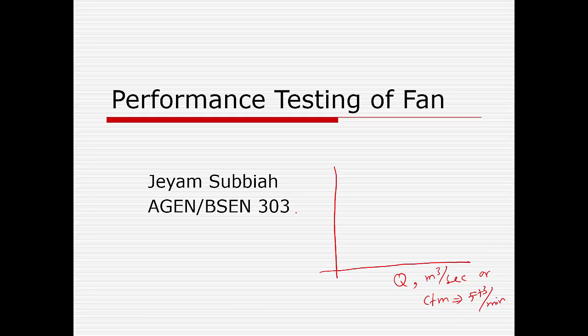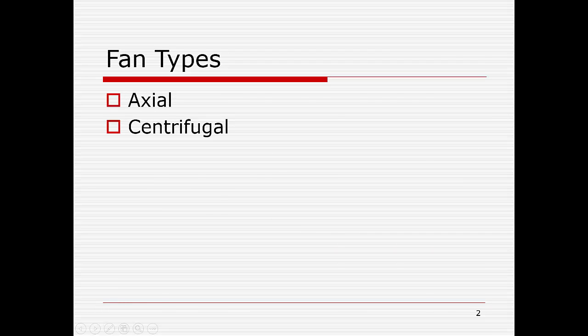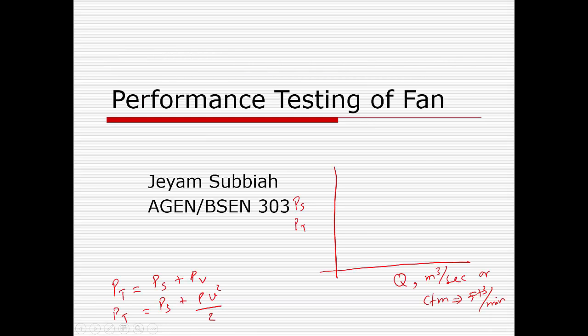It can be the static pressure head or the total pressure head. If you remember, the total pressure equals static pressure plus the velocity pressure. The velocity pressure is rho v square by 2, if you remember from the Pitot tube.